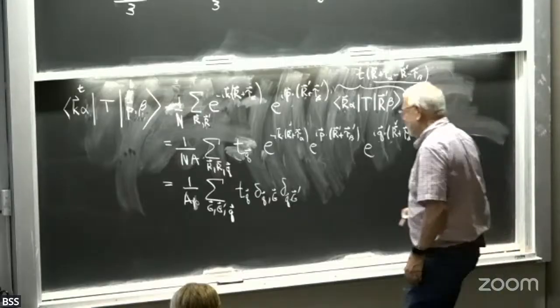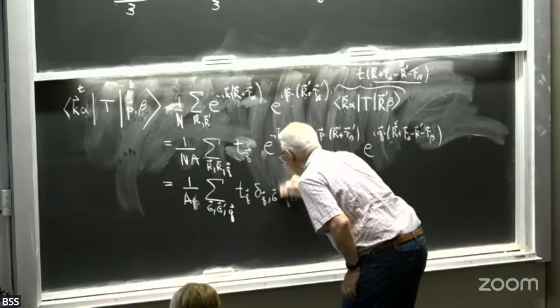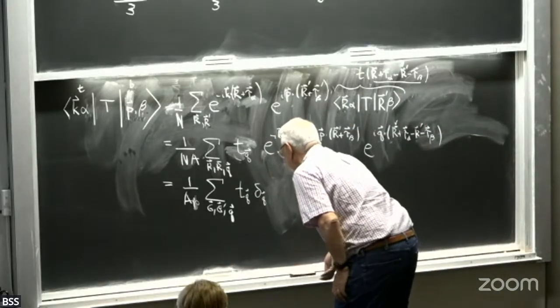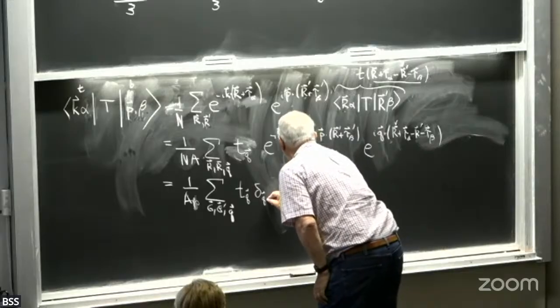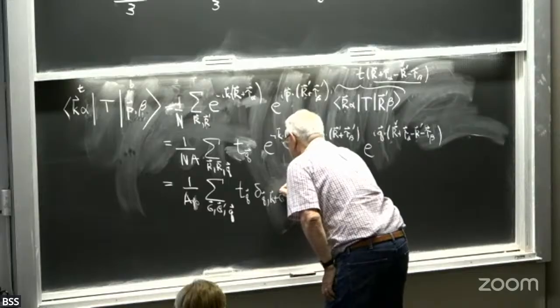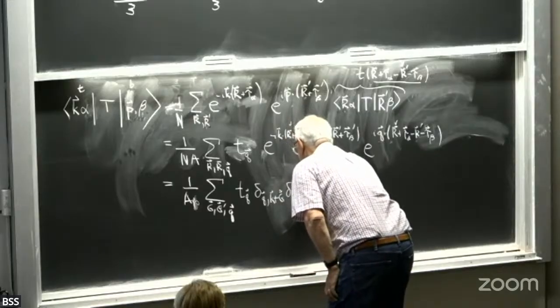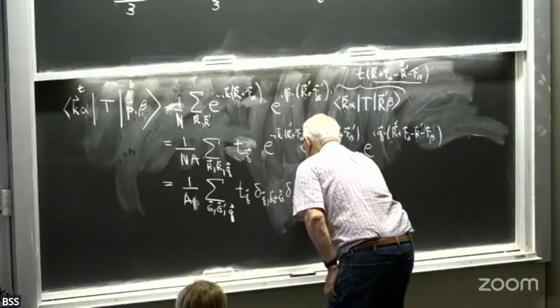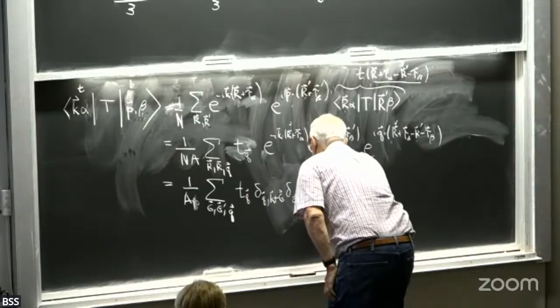Sorry, this should have been delta Q equals K plus G, delta Q equals P, a wave vector in the other layer, plus G prime.